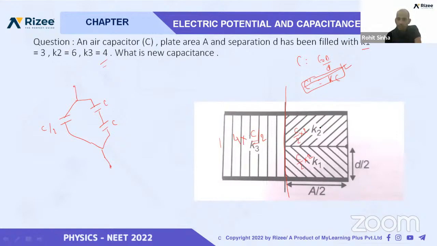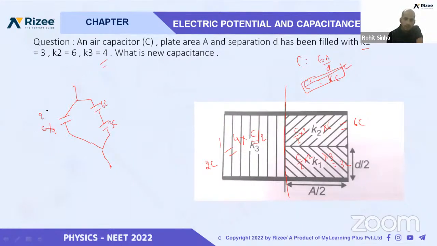K2 is given as 6, so we multiply 6 here. K1 is 3, so we multiply 3 here. What it becomes? It becomes 2C, 6C, and 3C. That means it will become 6C, 3C, and 2C.